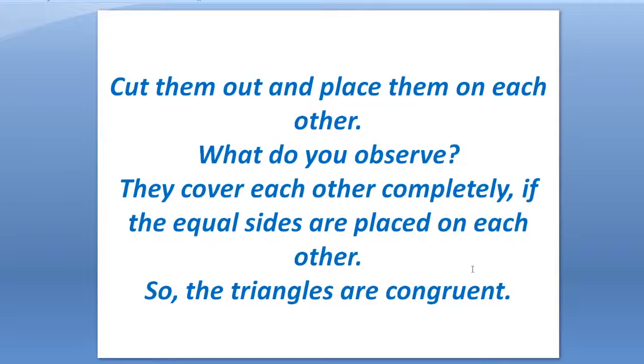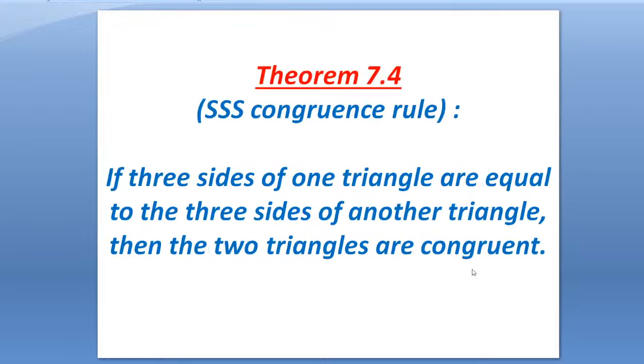So the triangles are congruent. So this is theorem number 7.4, the SSS congruence rule, the side side side congruence rule. If three sides of one triangle are equal to the three sides of another triangle, then the two triangles are congruent.